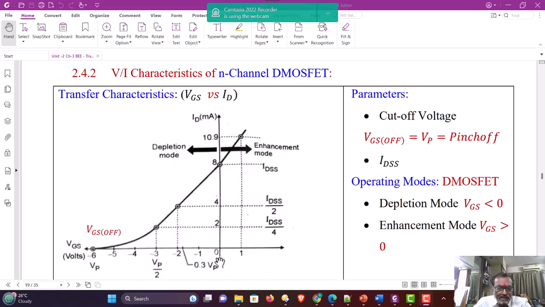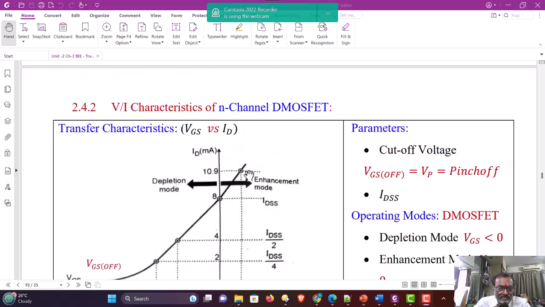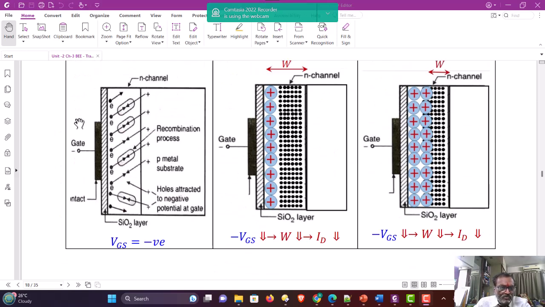Now if you see the graph, if instead of negative voltage you apply positive voltage, you will see the channel will be enhanced, because when positive voltage is applied to the gate, electrons are getting attracted from the p-type substrate and the additionally attracted electrons increase the charge density in the channel.